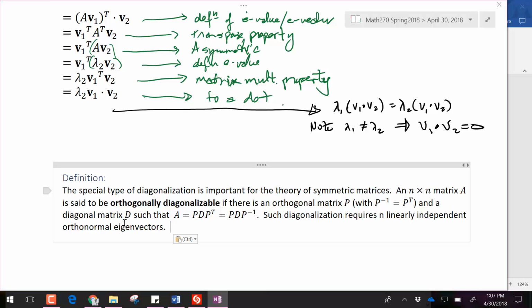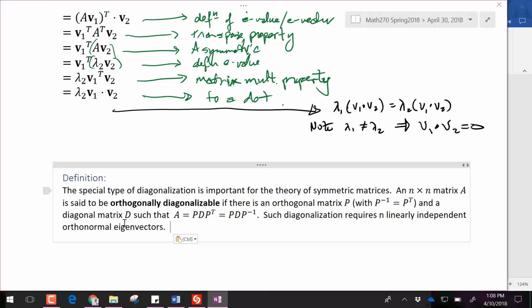And does it need to be symmetric? Well, in the next theorem, it turns out that you could do this if you have a symmetric matrix. And if you don't have a symmetric matrix, then it's either not doable or really hard.